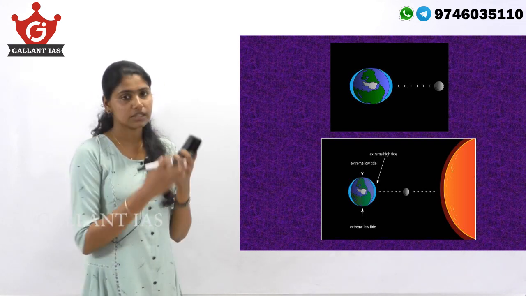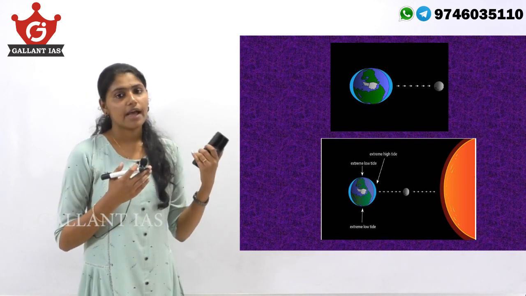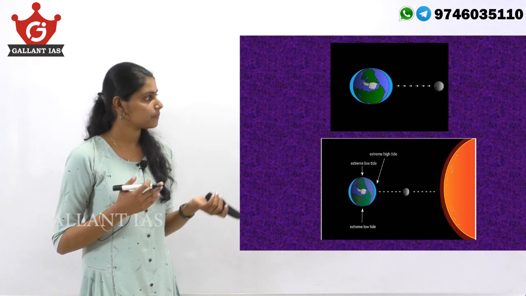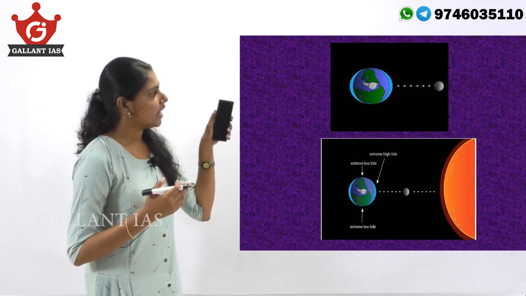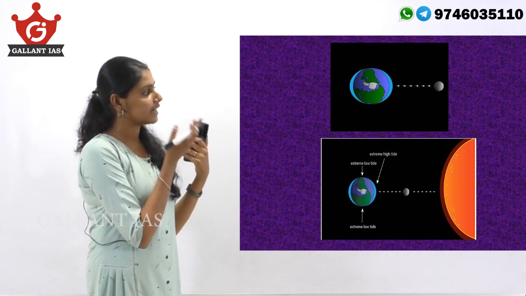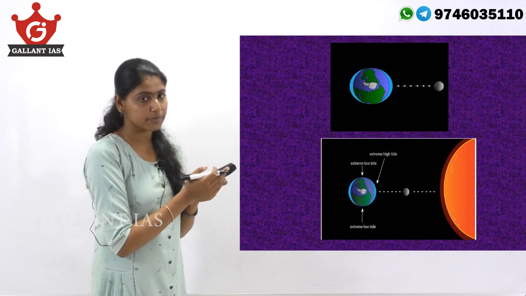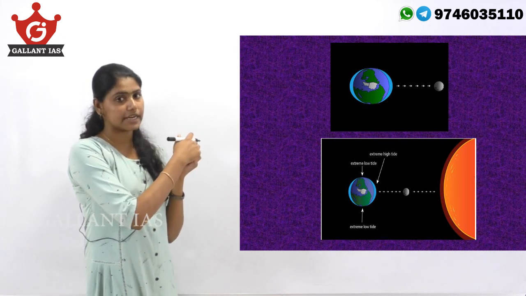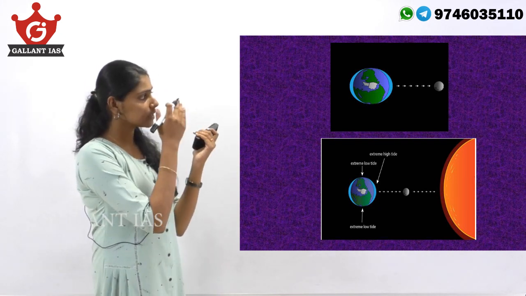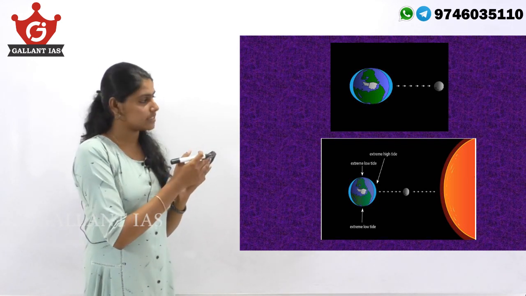They occur mainly due to the gravitational pull of the sun, the moon and the centrifugal force of the earth. As you can see, the side facing the moon receives a greater gravitational pull from the moon, and a tidal bulge is formed there. On the opposite side also a tidal bulge is formed, which is due to the centrifugal force of the earth, which is counterbalancing it.